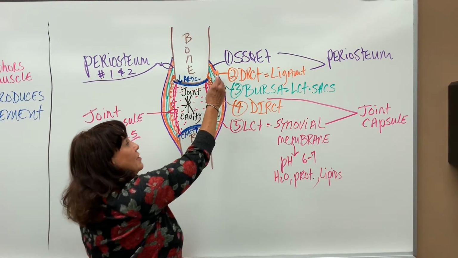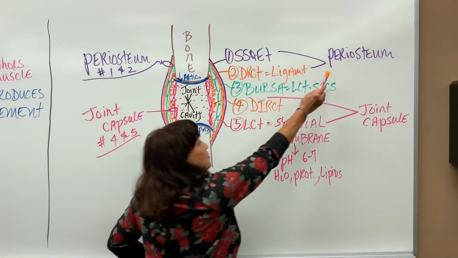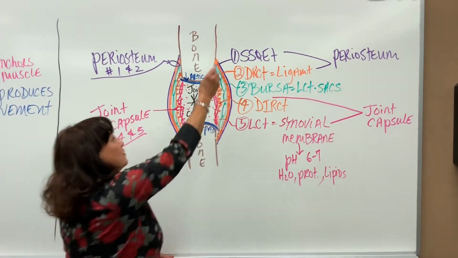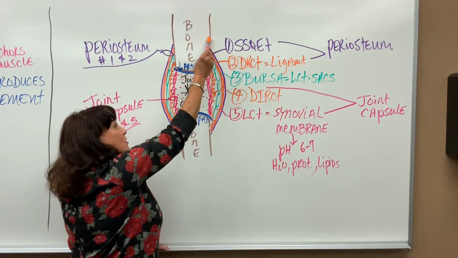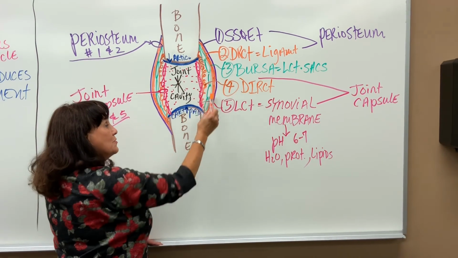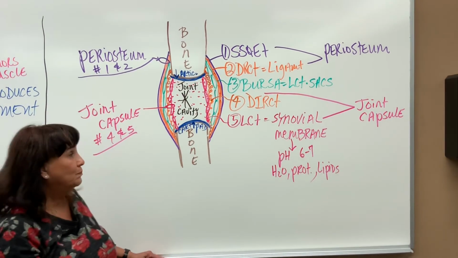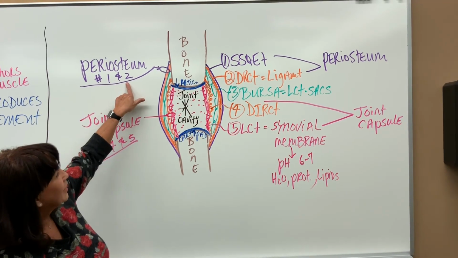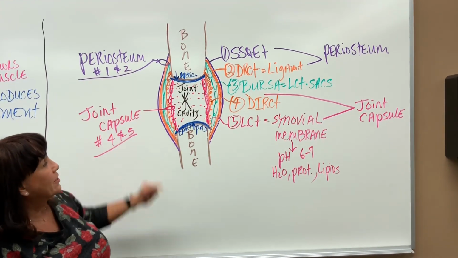So really, these 2 layers are the periosteum. Remember the periosteum that covers every bone right here? So it's just going to come off and go around the space and attach to another bone on both sides. So layers number 1 and 2 equal periosteum.